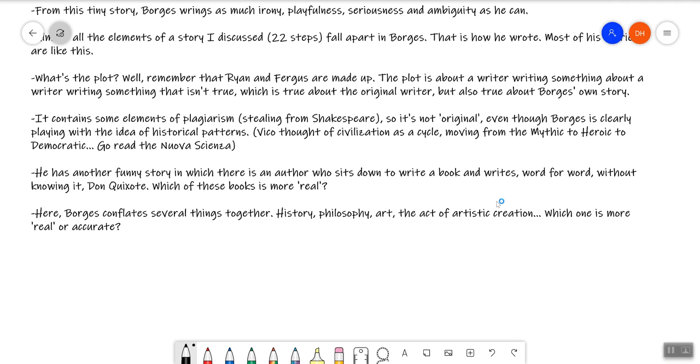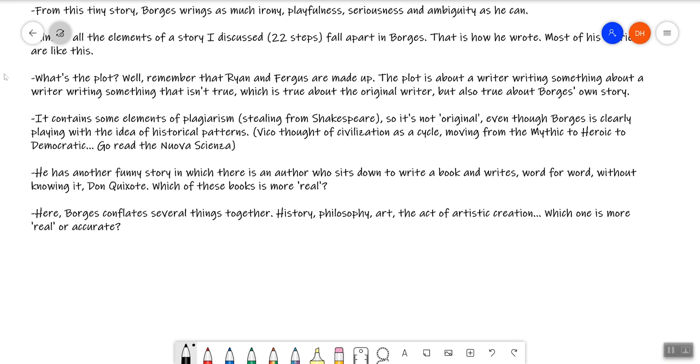If the other author didn't know Don Quixote, had never read it, and sits down and writes it word for word, which of these books is more real? So once again, you see that this is a constant theme if you go and read Borges in his work. He conflates several things together: history, philosophy, art, the act of artistic creation. Which one is more real or accurate?